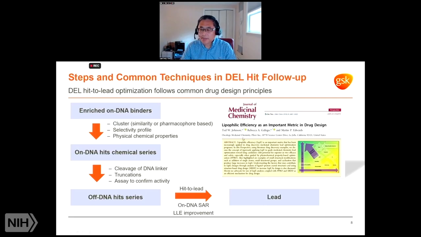During this process, it has been shown the lipophilic efficiency is a good metric for monitoring this progress. So you can see there in the following talk, there's always an improvement in terms of lipophilic ligand efficiency during the process.